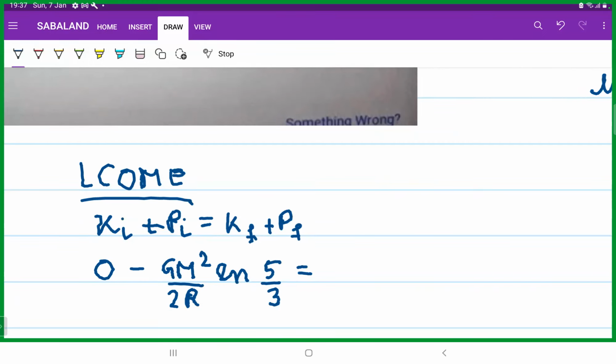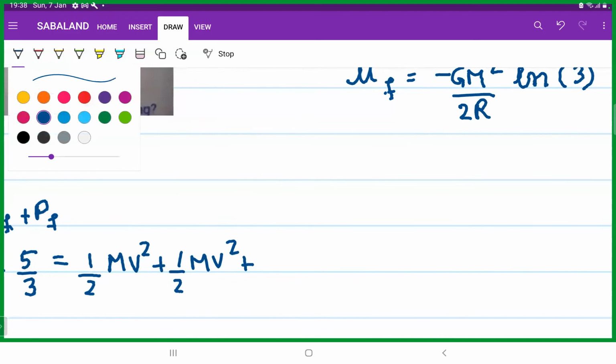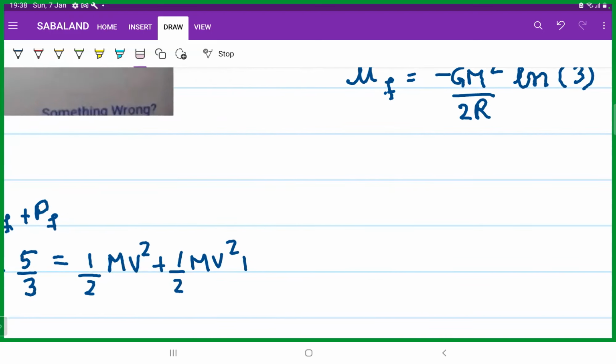we have to find the kinetic energy of both the bodies, right? So it will be half mv square plus half mv square. Since the masses are the same, the kinetic energy will also be the same. And the final potential energy over here will be minus G m square by 2r into natural log of 3.